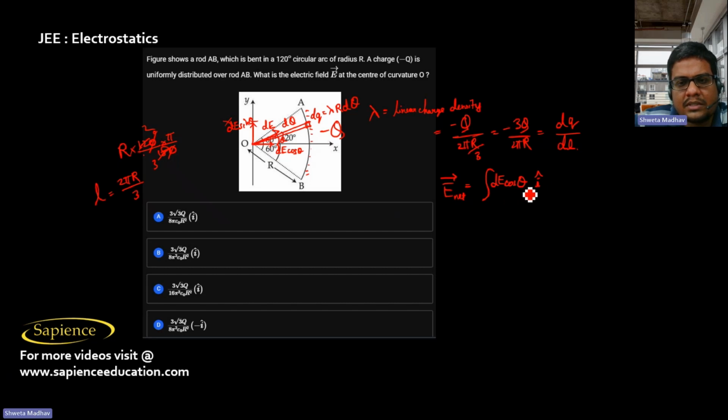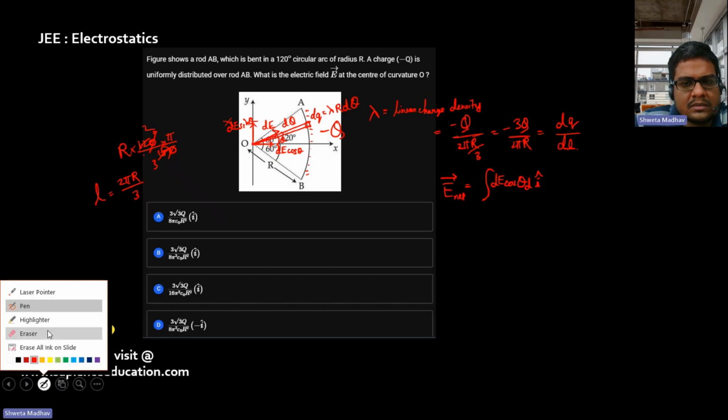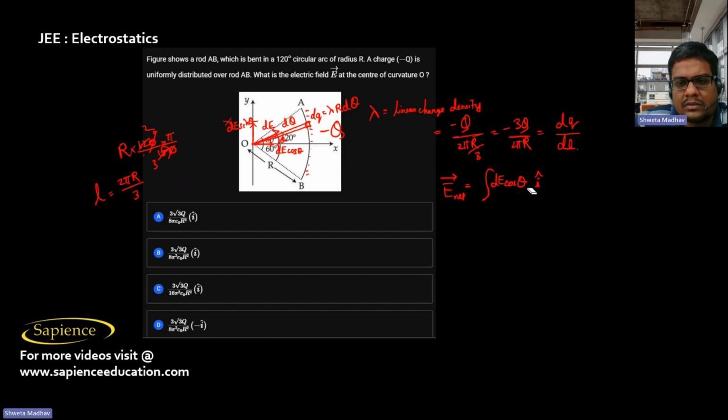Now theta will go from minus 60 degrees to plus 60 degrees. 60 degrees means 60 into pi by 180 radians, 6 3s are 18, so pi by 3 radians. So it will go from minus pi by 3 to plus pi by 3.